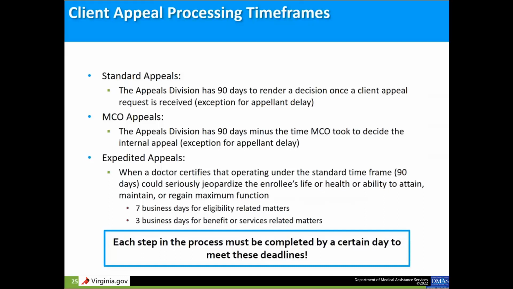In these cases, appellants will typically request that their appeals be expedited, and a manager within the Appeals Division must determine whether their reasoning meets the criteria contained within the CFR. If we determine that it does, then DMAS must complete all steps that are discussed in this module within the specified number of days. That requires quick action by the responsible agency.